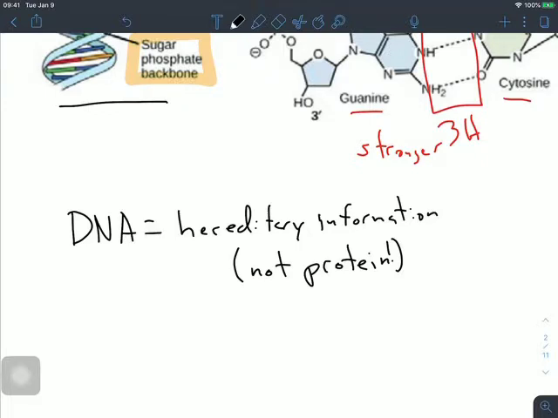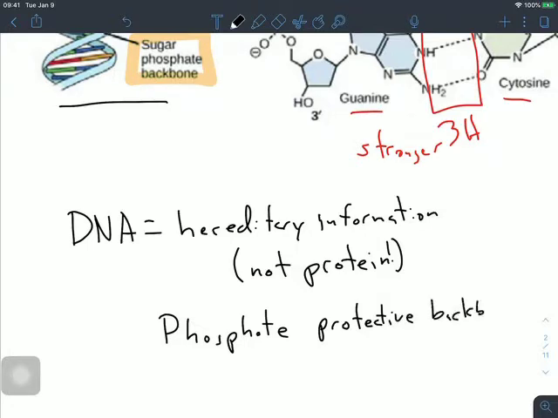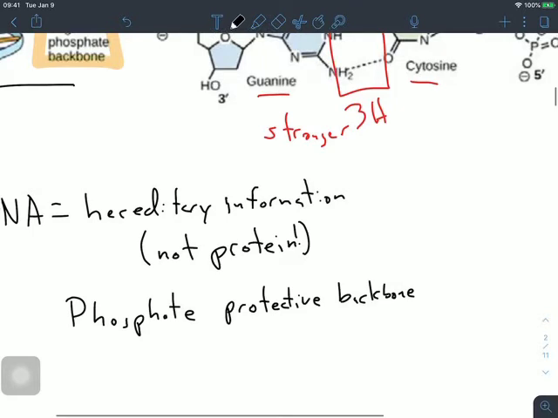We also know that DNA is made up of a phosphate protective backbone, and it's this phosphate backbone that gives DNA a negative charge. It's this charged feature that allowed scientists like Miescher to isolate DNA in the first place.